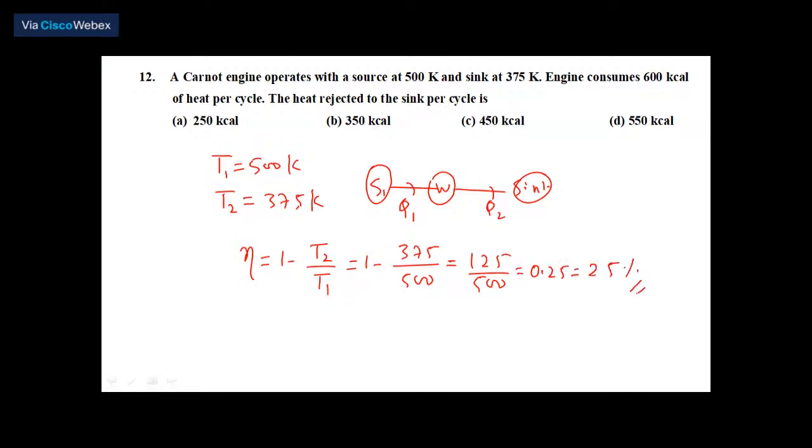So the efficiency of the engine is known to you. Now we have to find the heat rejected to the sink per cycle, that is Q2.